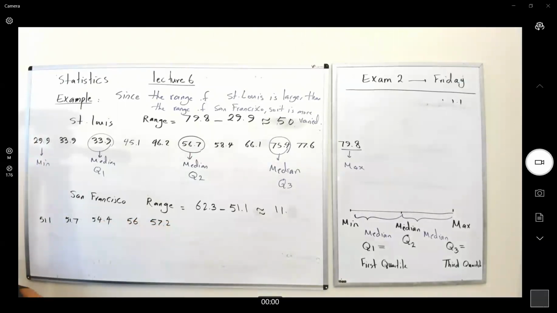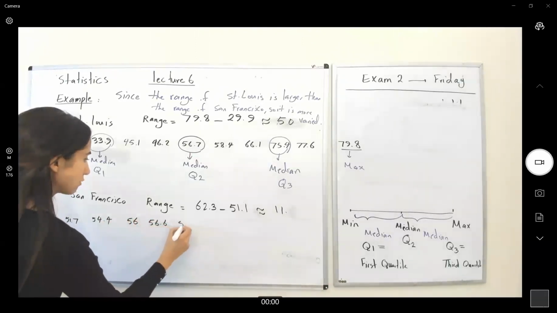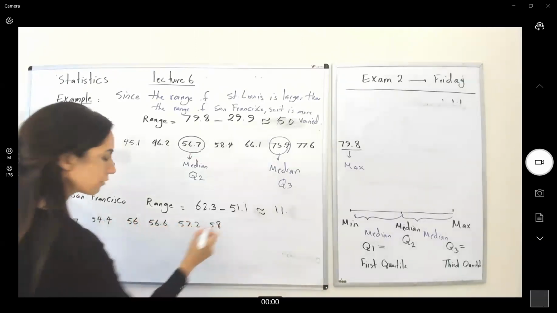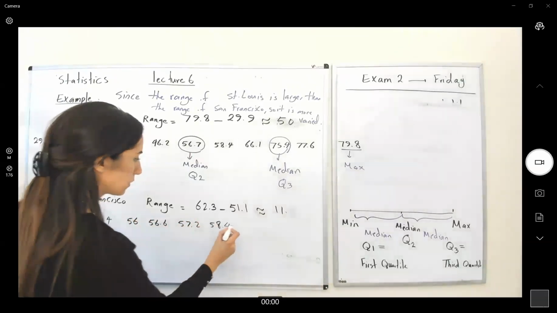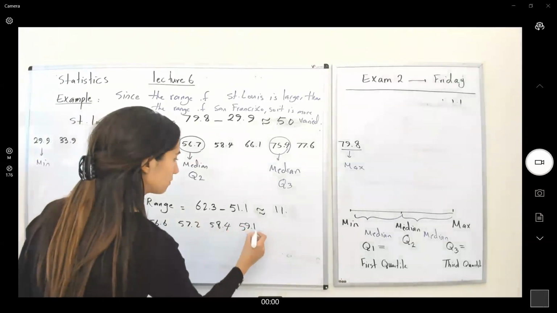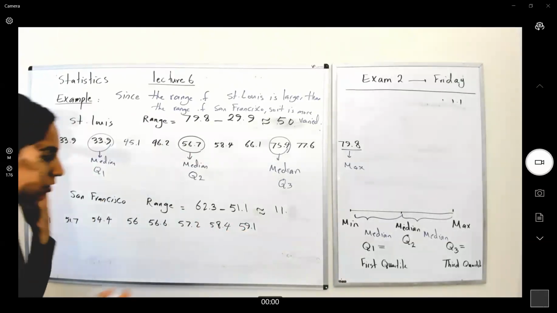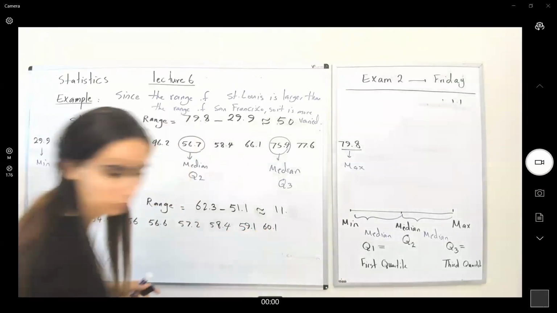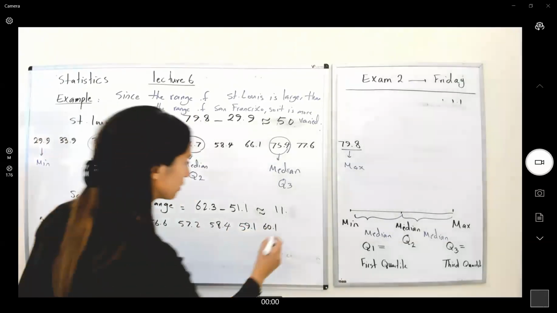We have 56.6 as well, so let's add this. And 57.2. Then we have 58.4, then we have 59.1, then we have 60.1, then we have 62 and 62.3.